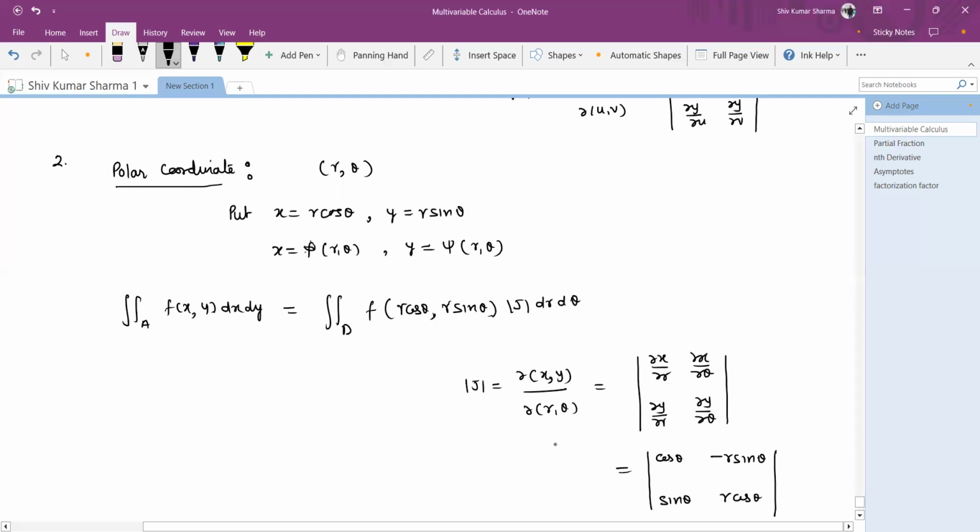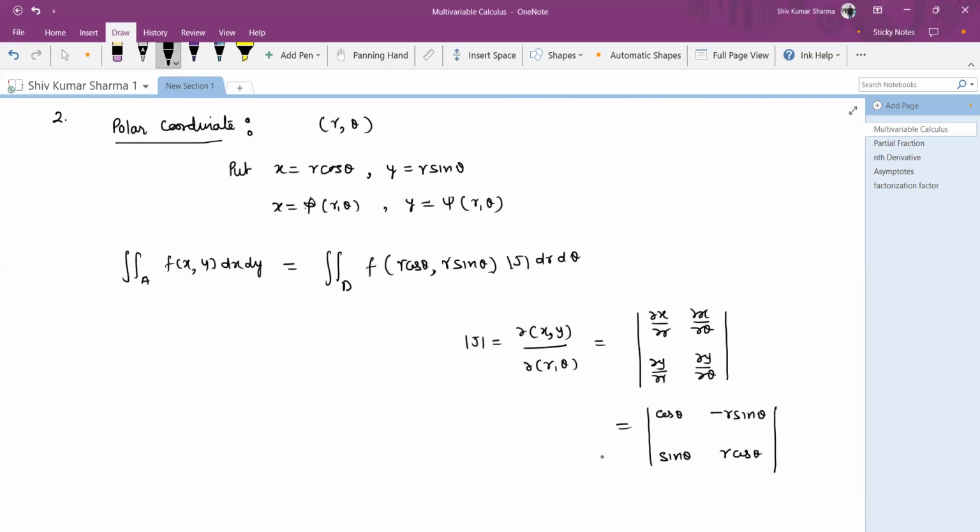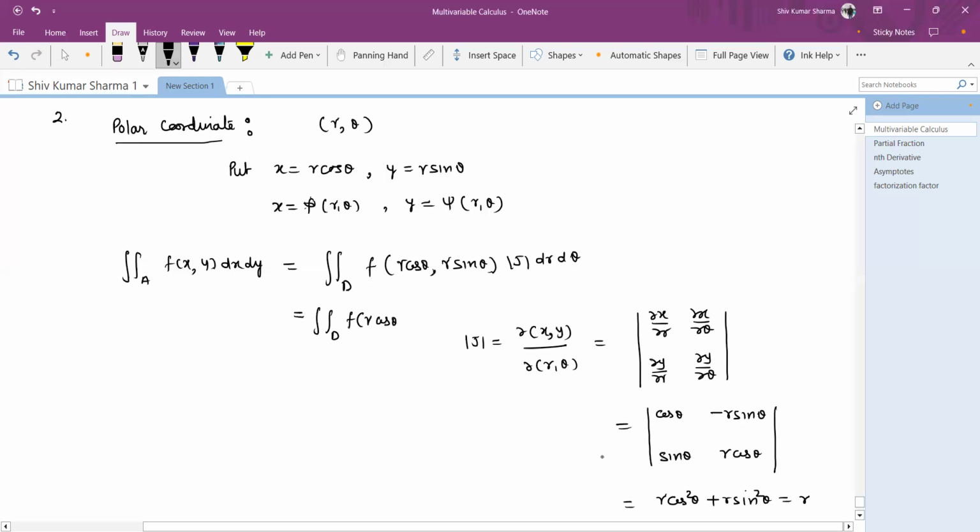What is the value of this determinant? It is r cos square theta minus minus plus r sin square theta, which gives r. So over the region D we write f of r cos theta, r sin theta, times r dr d theta. You remember this one.